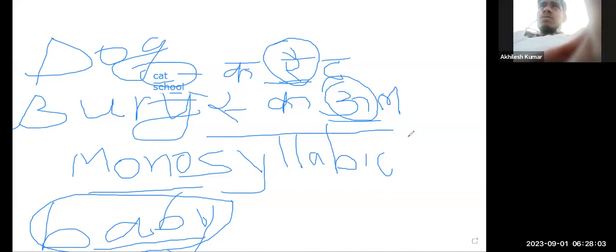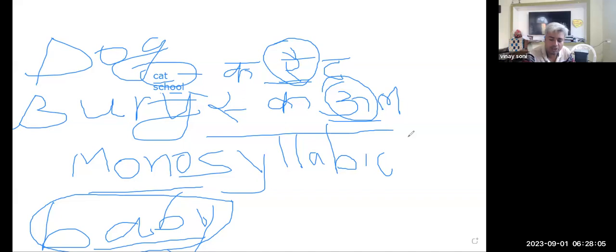No. I'm just asking you for examples of vowel sounds. Because we are talking about consonant sounds and vowel sounds here. Do you recognize which sounds are vowel sounds, which sounds are consonant sounds? How will you decide that? Give me a few examples.